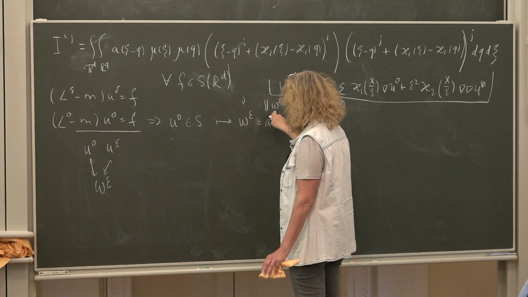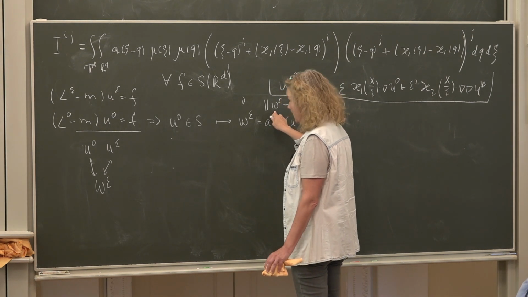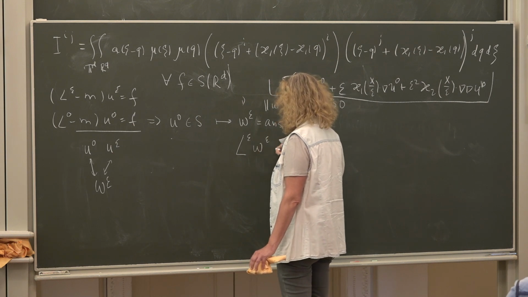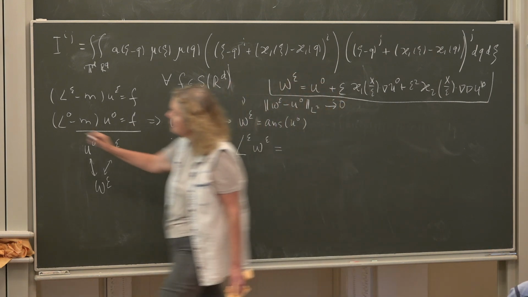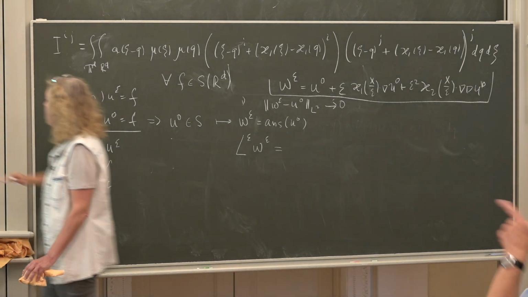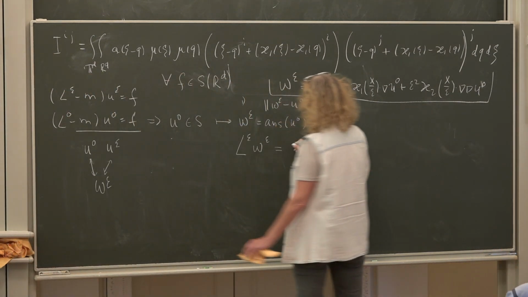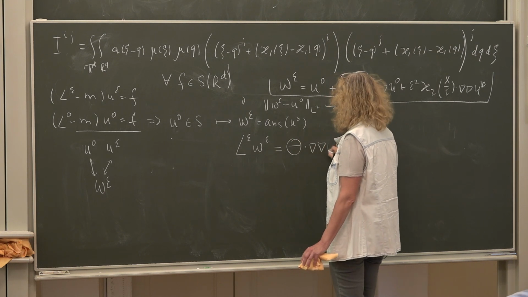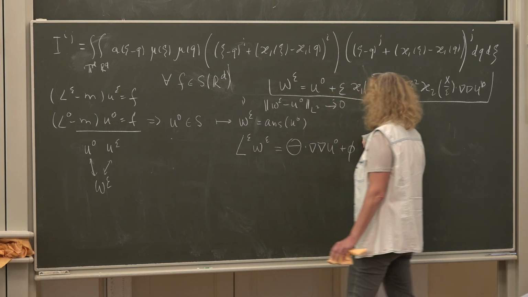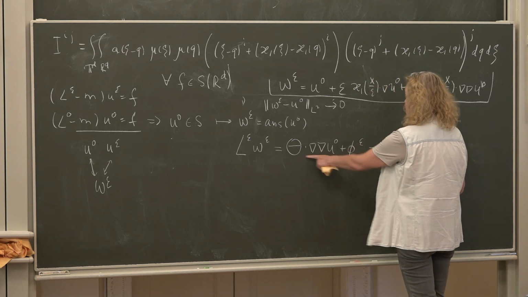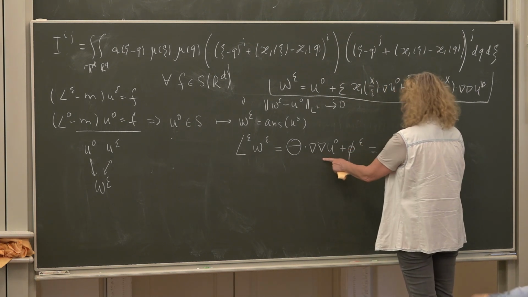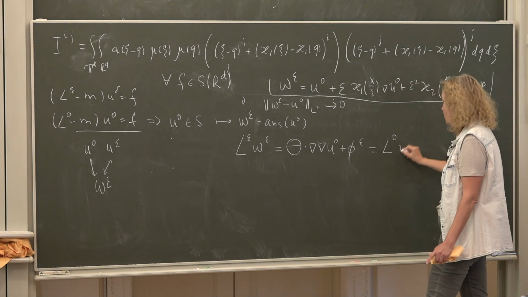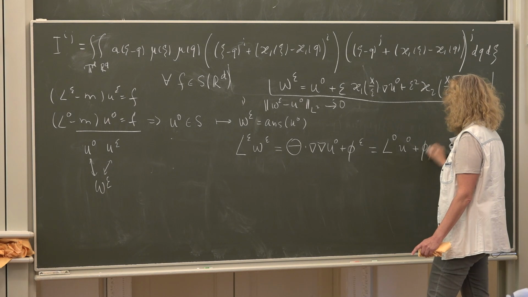And for the function w epsilon, we have L epsilon V epsilon. By this lemma, it is equal to theta U epsilon plus V epsilon, so there is L0 u0 plus V epsilon.